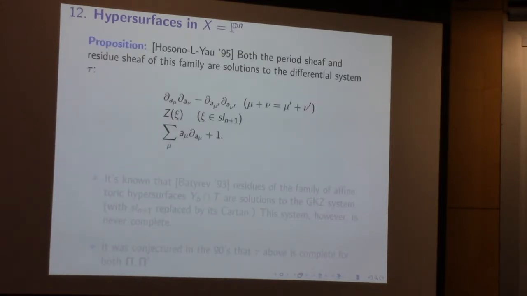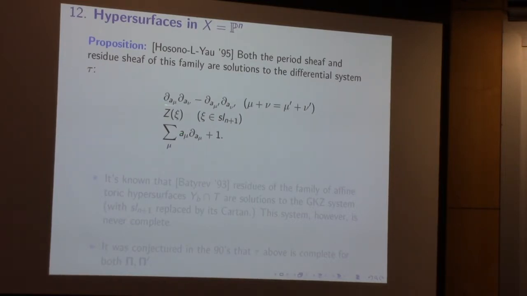Okay, so this is an old observation that goes back to '95. This immediately, well, partially generalized the SL2 case, to say that the period sheaf and the residue sheaf are solutions to this differential system. Again, these are the obvious operators you can write down: the symmetry and the Euler, keeping track of the homogeneous degree.